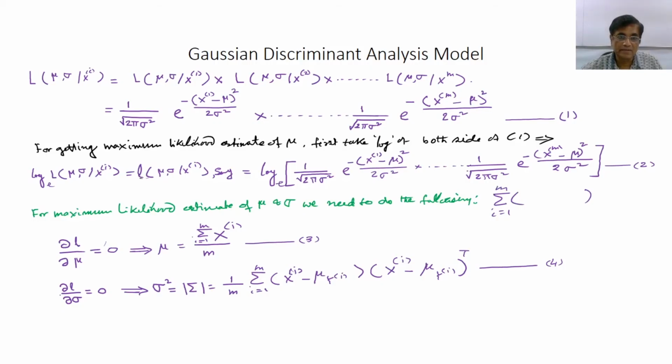You will have some terms which can be simplified, and once you have a simplified function, you can differentiate it with respect to mu, because I want the maximum likelihood estimate for mu. Eventually we will get mu equals the summation of i equals 1 to m of xi divided by m. As you see, this is the average.